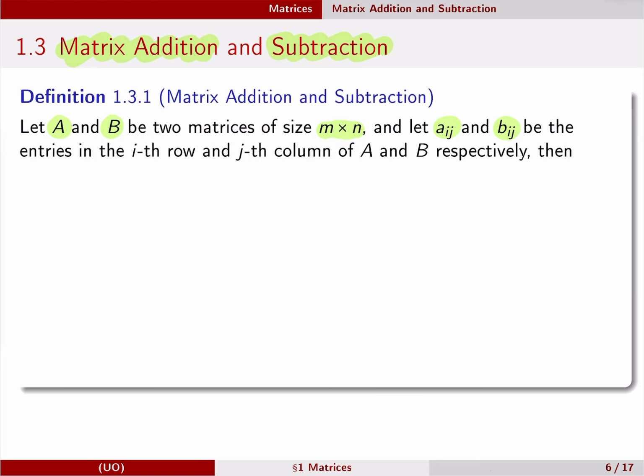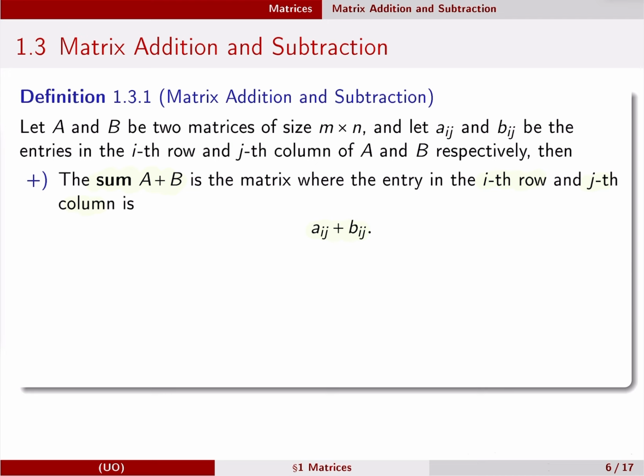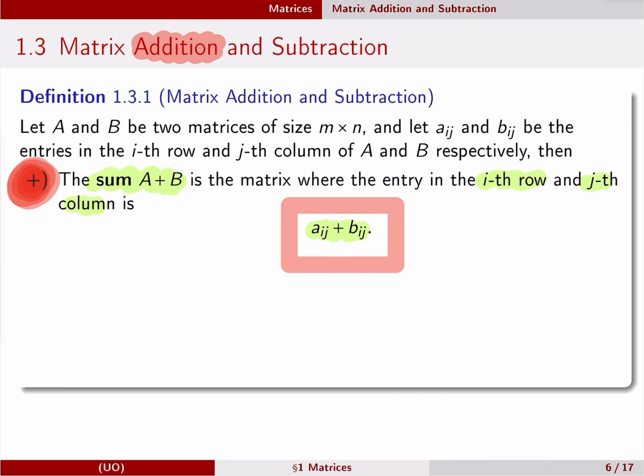So the first operation is addition. The sum of A and B is going to be again an m by n matrix, and the entry on the ith row and jth column is simply going to be the sum of the entries of A and B. So on the ith row, jth column, the entry is a_ij plus b_ij.